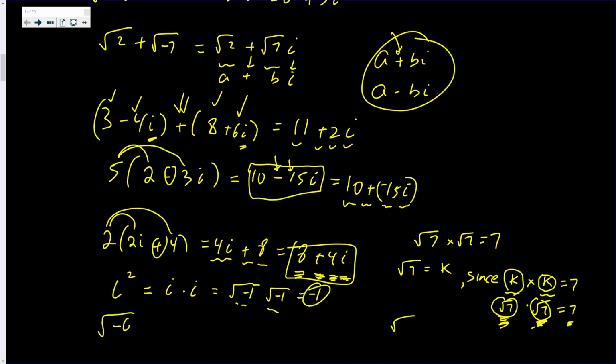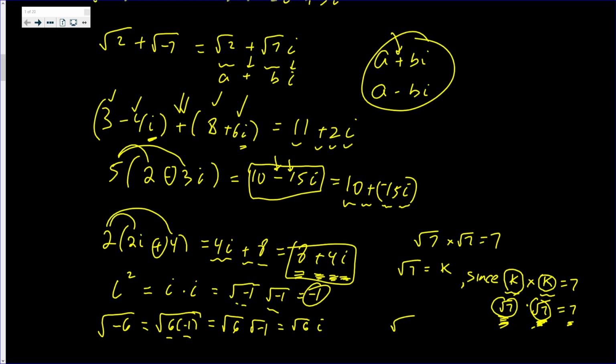The square root of negative 6, well, negative 6 is 6 times negative 1, and I'm taking the square root of them. Now, as long as both of these are not negative, you can take the square roots separately. And this gives you the square root of 6 times i.